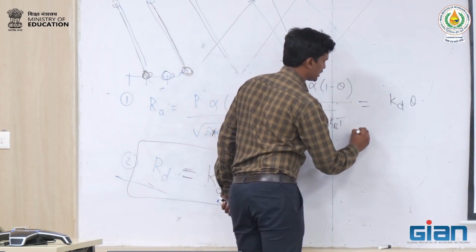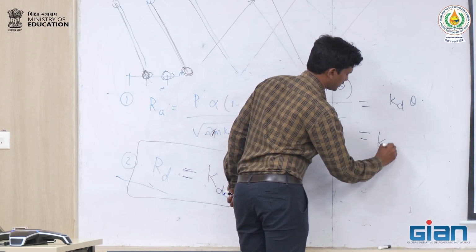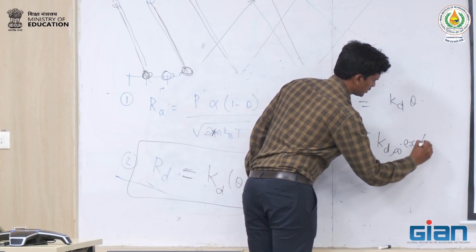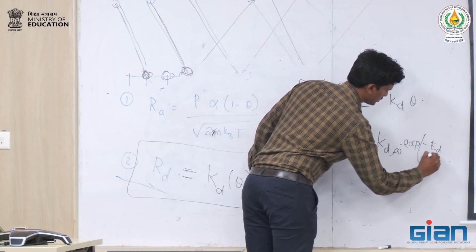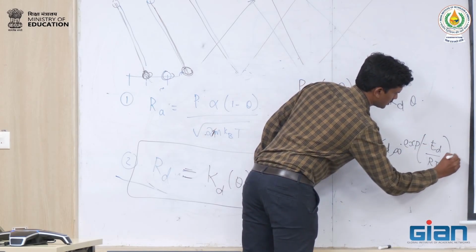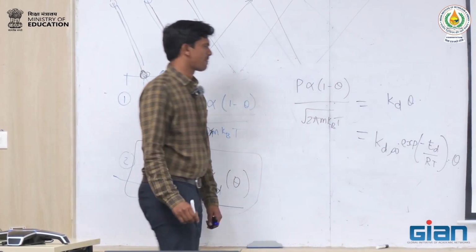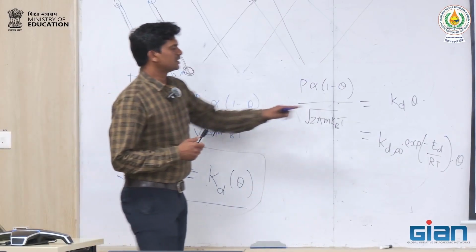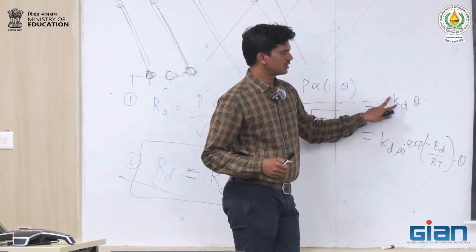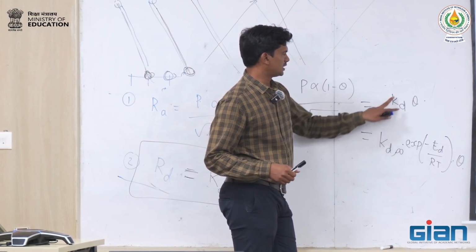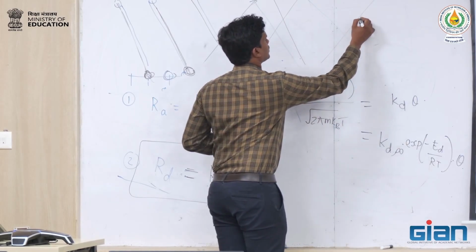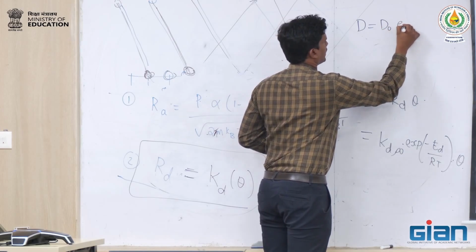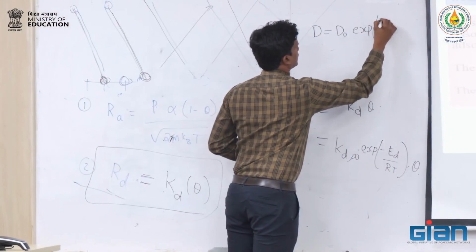Because this is an activated process, you can write something like that, because this is a rate constant. It's an activated process. Whenever you write anything, for example diffusivity also, you can write it this way for all activated processes.